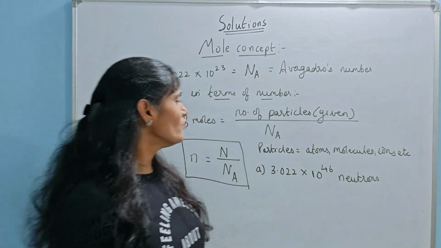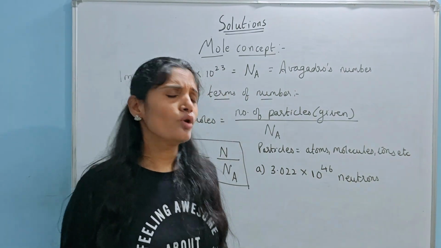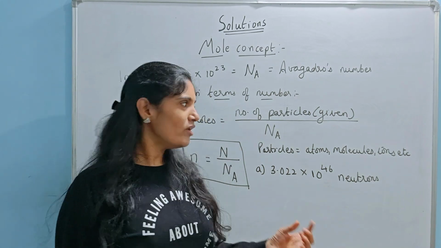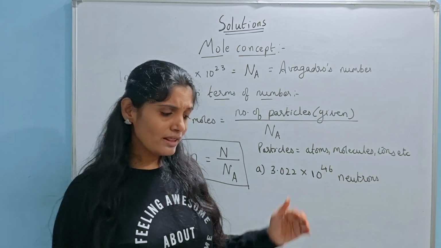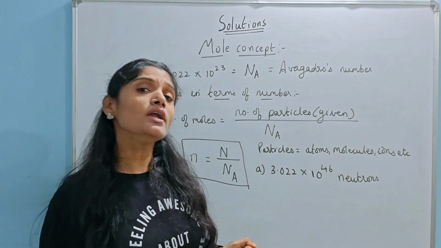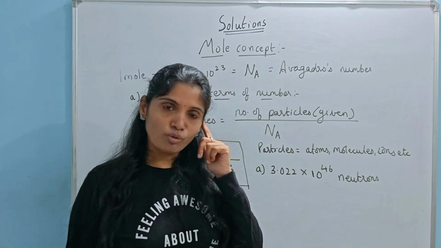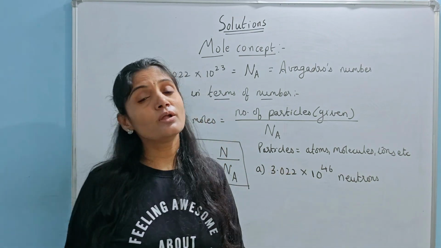Now it is very difficult for me to always say 3.022 into 10 to the power of 46 neutrons. So what did I tell you? When we feel the number is bigger, let us try to convert it into a simpler quantity. In chemistry, what is a simpler quantity for us? Number of moles. Now how should I convert this into the number of moles?